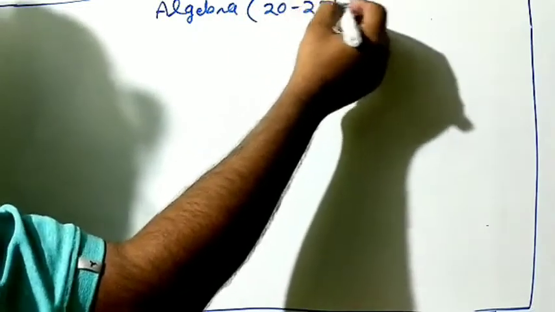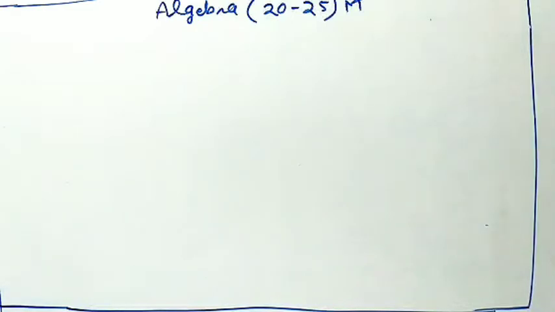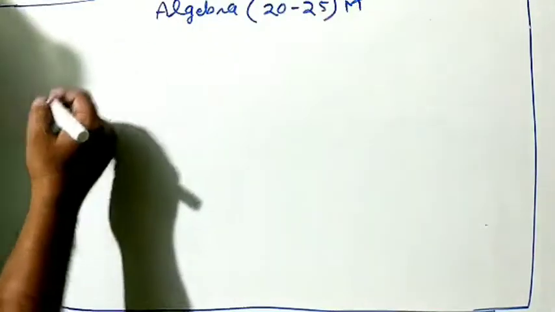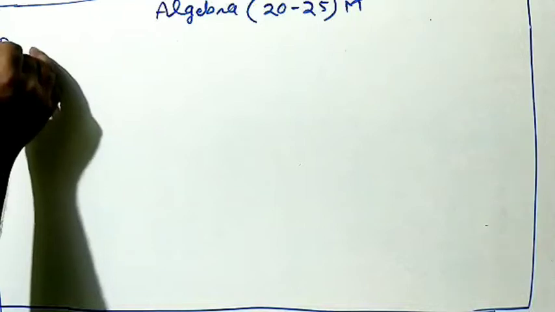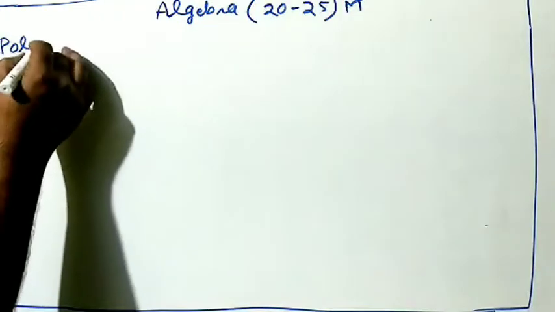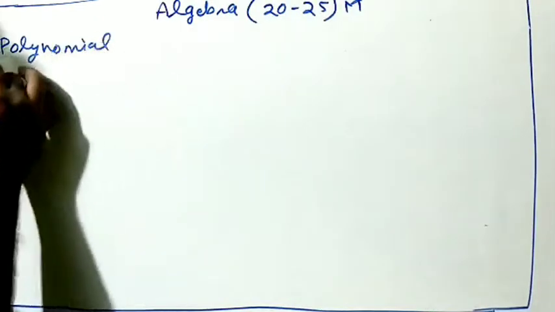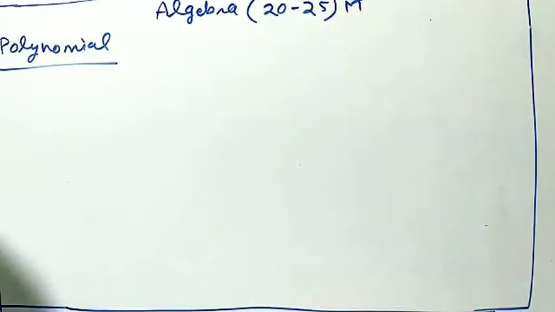Why algebra? It is the most important unit in the CBSE board examination, and I am going to start polynomial, which is the second chapter in your NCERT book.